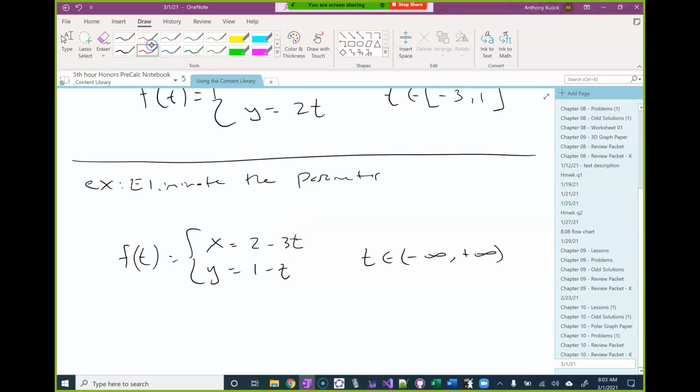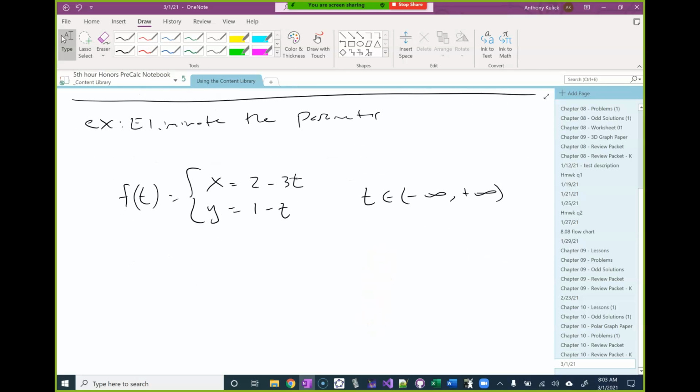So let's say that we want to eliminate the parameter for this parametric function. When we say eliminate the parameter, really what we want to do is rewrite this as, rather than a function in terms of t, a function in terms of x, like we would normally. Everybody okay with that idea? So I'm going to solve that in terms of t. I'm going to subtract 2 from both sides and then divide by -3.